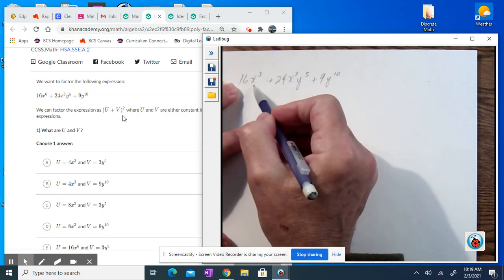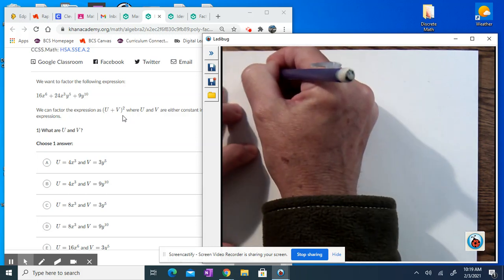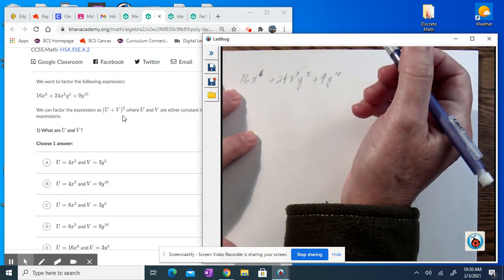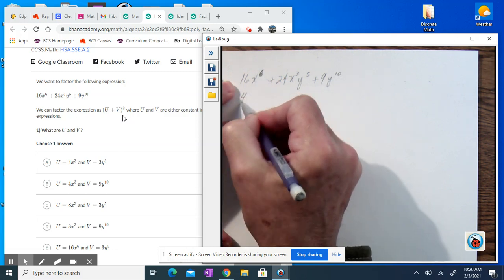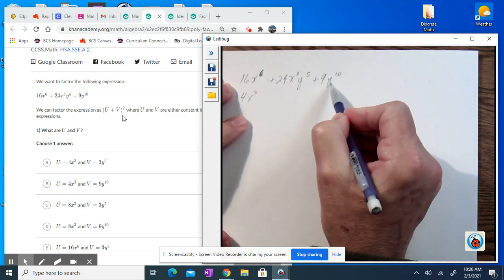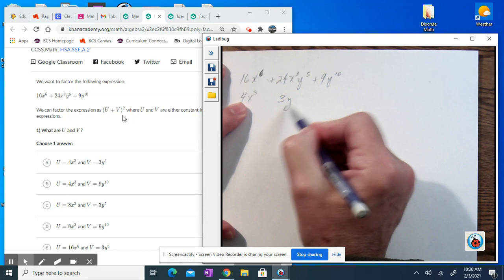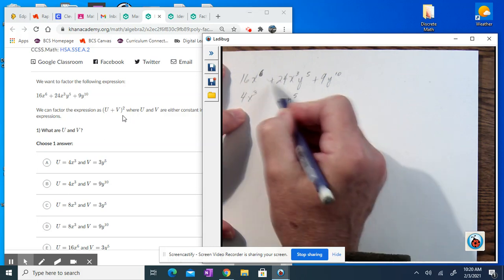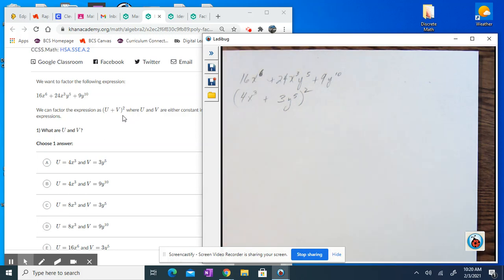So let's start off by saying, okay, oh, that's a 6 power. That helps. Okay, that's a 6 power. So what's the square root of this? That would be 4x to the third, right? Okay, and the square root of this, square root of 9 is 3, and the square root of that is y to the fifth. They're all positive, so that would be positive. And that would be your factorization.